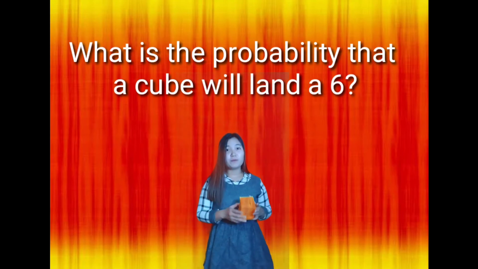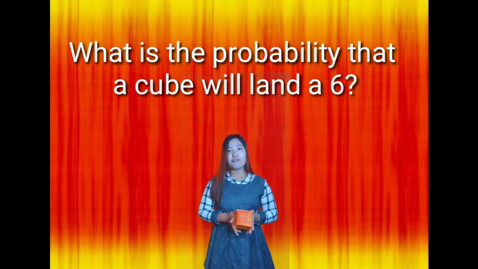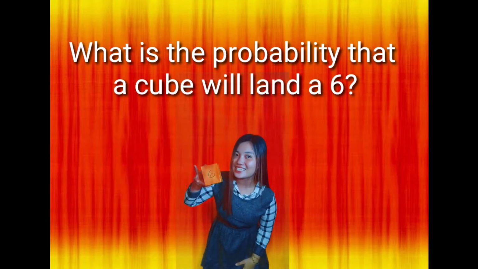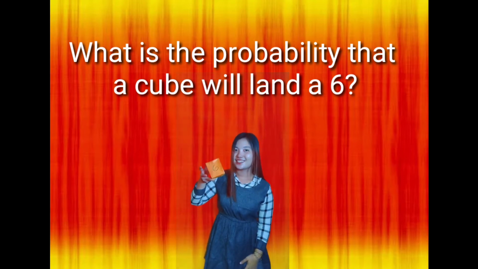The question is, what is the probability that the cube will land on 6? Okay, very good. There is only one way that we can get a 6 on a cube, and there are 6 total possible events.